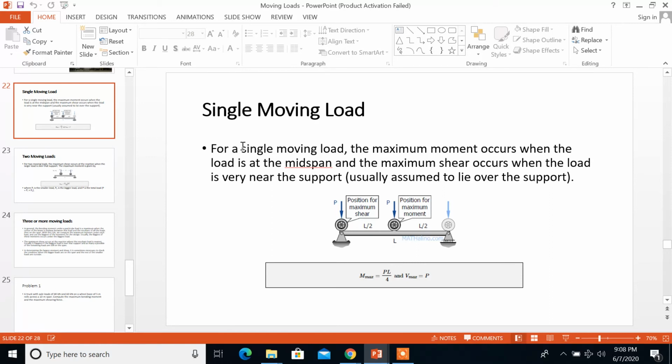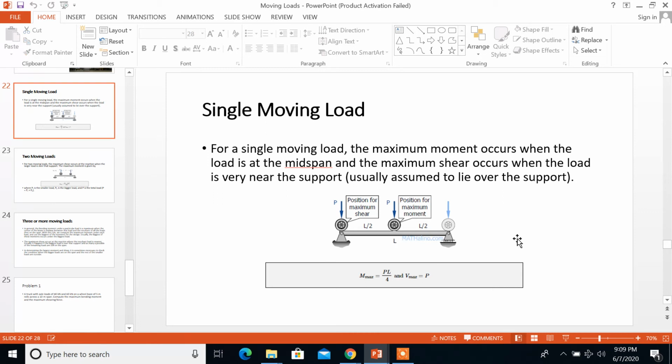So, ayan. For a single moving load, the maximum moment occurs when the load is at the midspan. And the maximum shear occurs when the load is very near the support, so usually assumed to lie over the support. So, ayan daw, position for maximum shear, lagi daw siyang malapit sa support, and position for maximum moment, palagi siyang nasa middle.